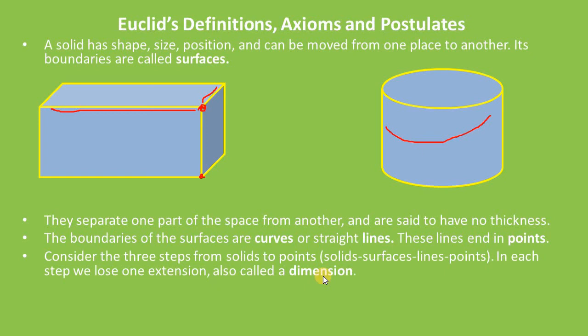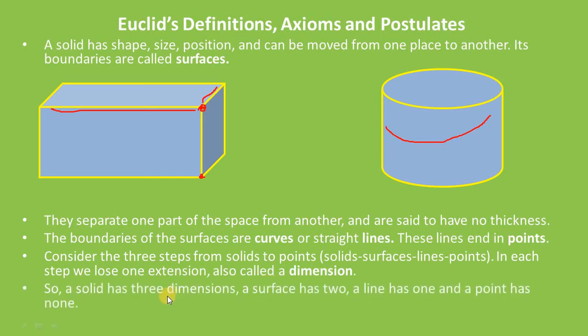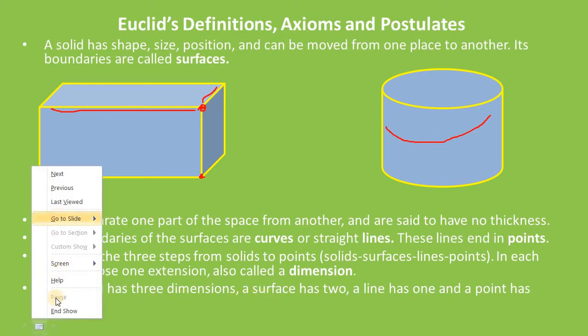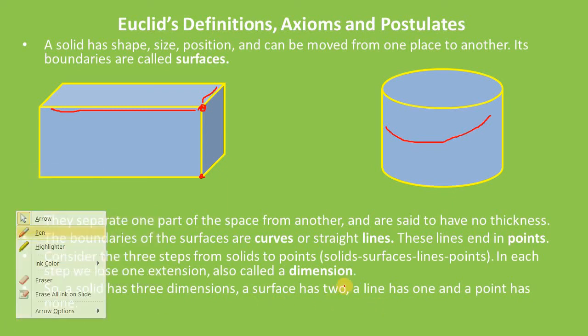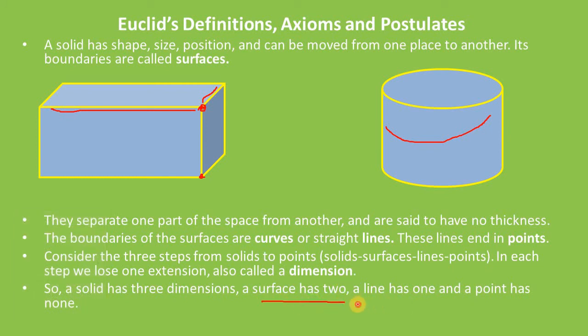So a solid has three dimensions, a surface has two, a line has one, and a point has none.